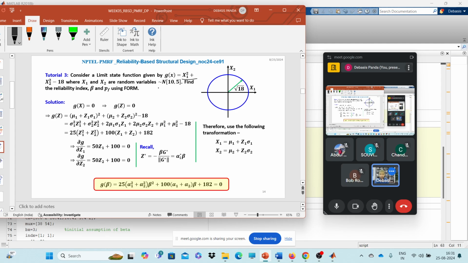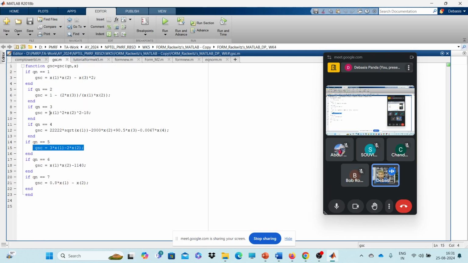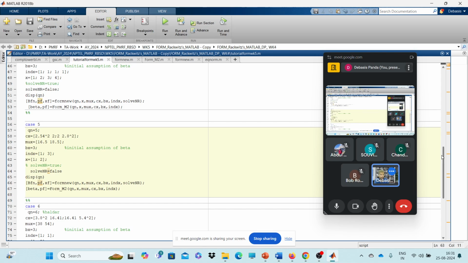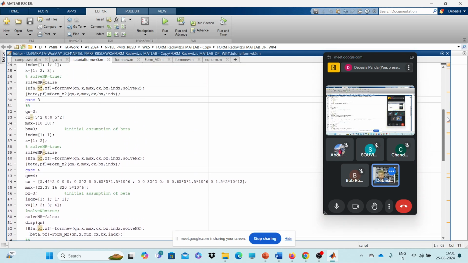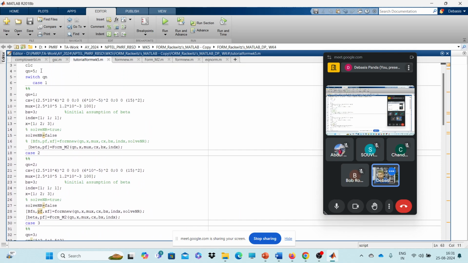Both are normal random variables. So just quickly put it here. GSC is nothing but x1 square plus x2 square minus 18. Now put all the variables for this case. Case 3, I have put it here, so go to case 3.